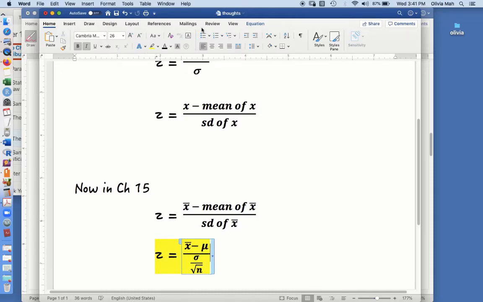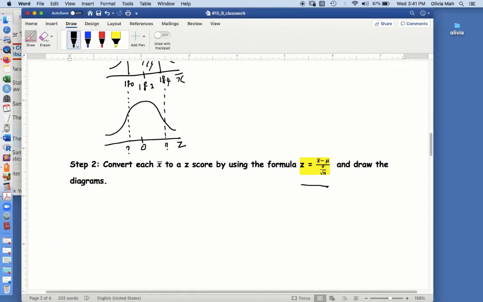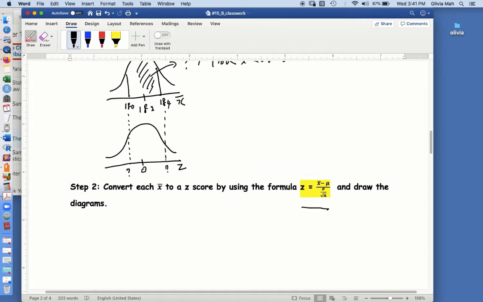Okay, let's get back to here. What we need to do is, for each x bar value, 180 and 184, use this formula to convert it into z. So z is equal to 180, that's our first sample mean, subtract mu, which is 182, divided by sigma over root n, which is 37 divided by 100.